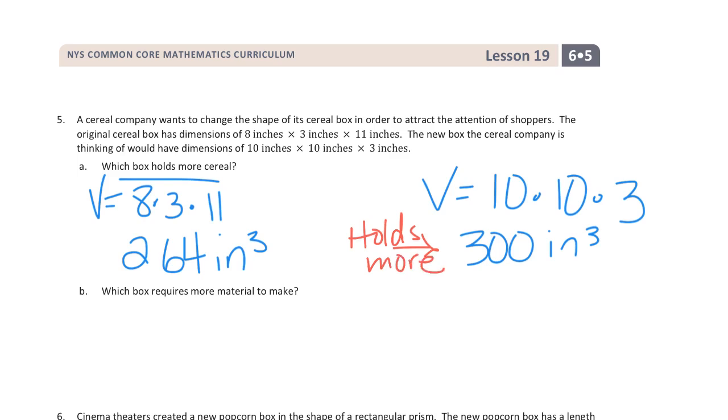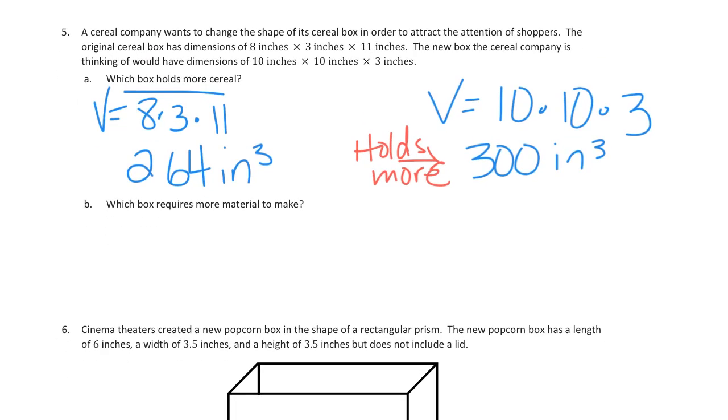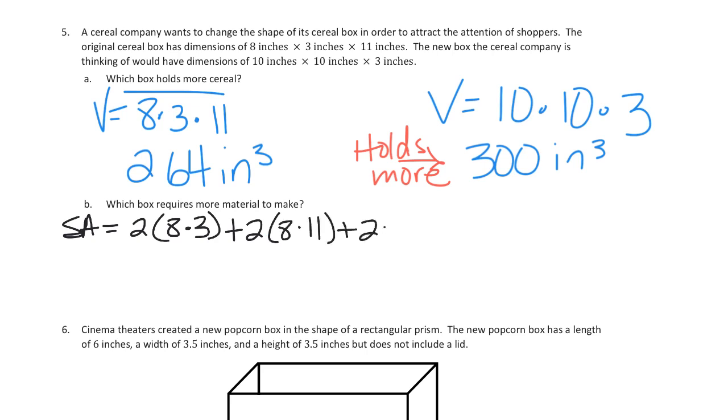Now the second part of the question here says which box requires more material to make. So that's my surface area. So on this one, 2 times 8 times 3, 2 times 8 times 11, 2 times 3 times 11.